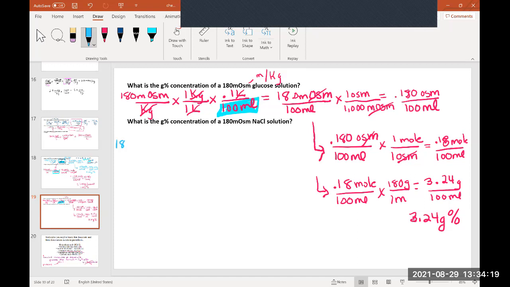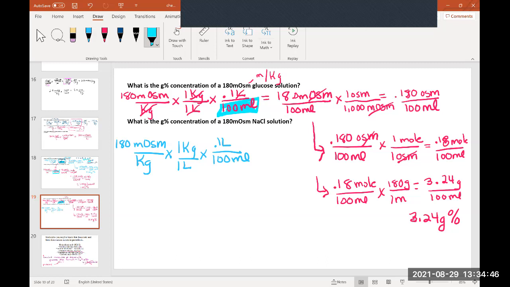I have 180 milliosmolar. Let's convert that to liters for osmolarity. And let's get rid of our liters with our magical formula, into 100 milliliters, because eventually we want grams percent.